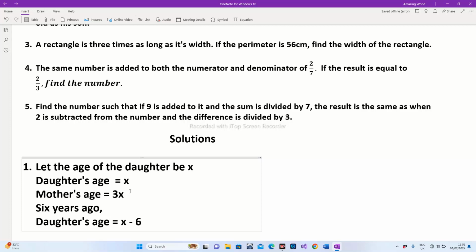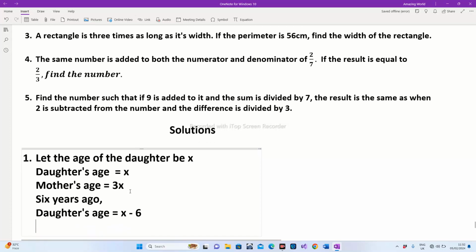So if I was 10 years old today, 6 years ago I will be 10 years minus 6. I hope that is very explainable. So the daughter's age as at current moment, as at now, is x. We don't know the particular age she is, then we assume it to be x. Then 6 years ago she will be x minus 6.